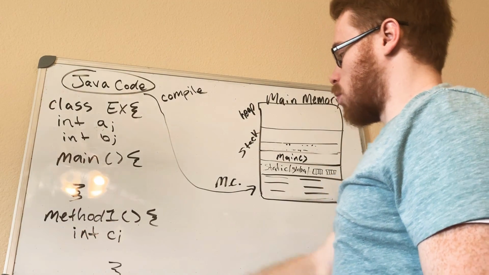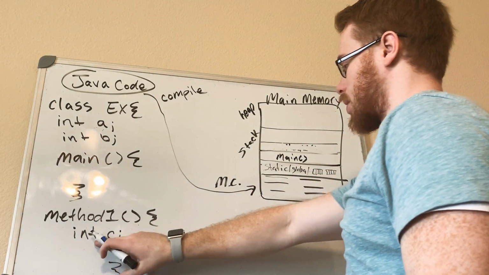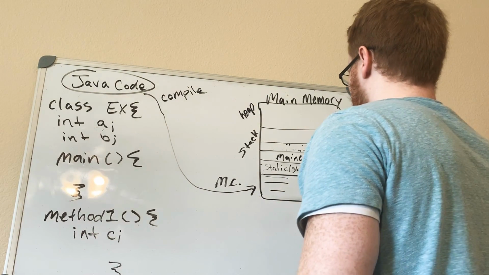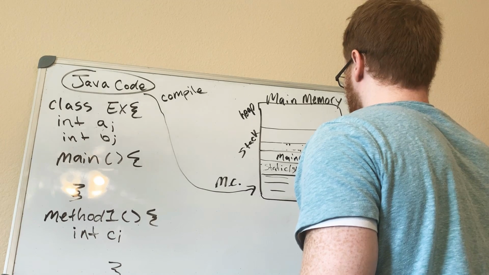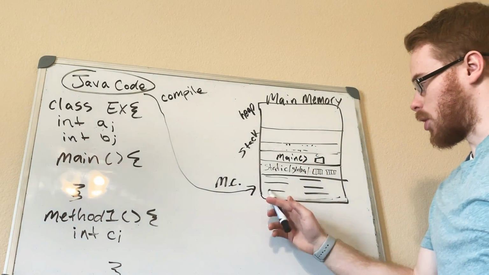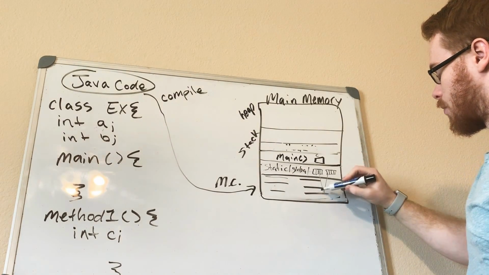And same thing for method 1. These are local variables inside the scope, so they're going to be inside the stack frame for main. So there's going to be an int variable here called c. Now your code right here can directly access your variables.